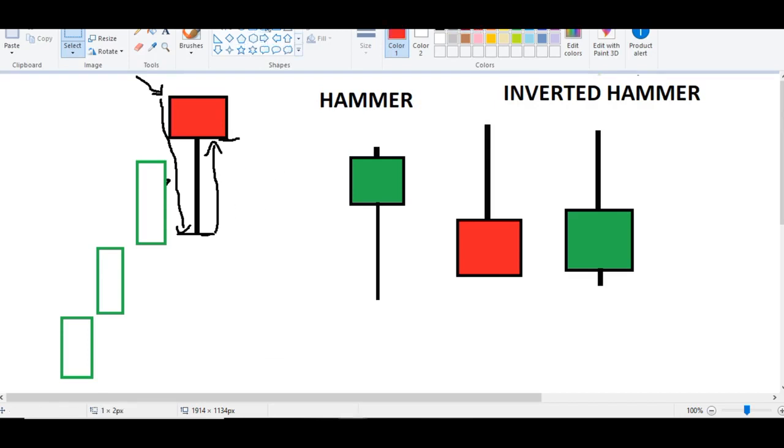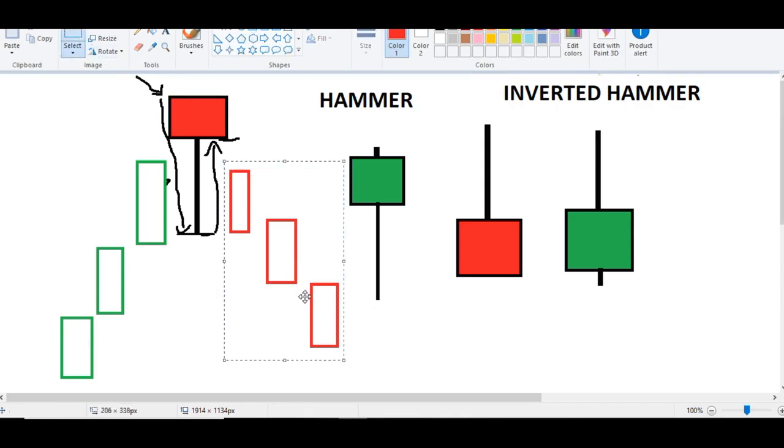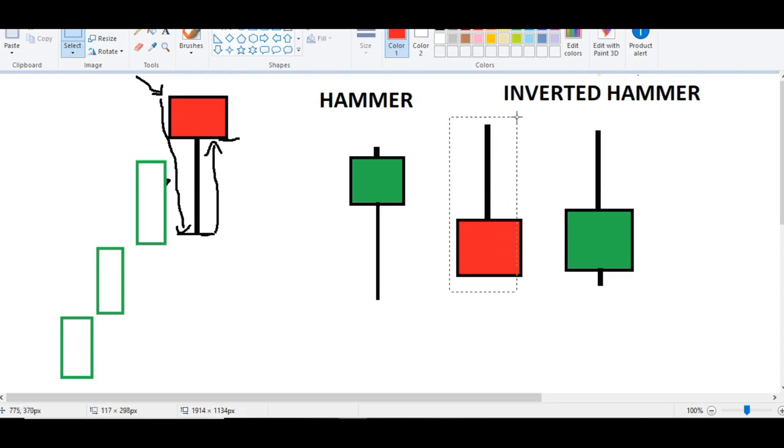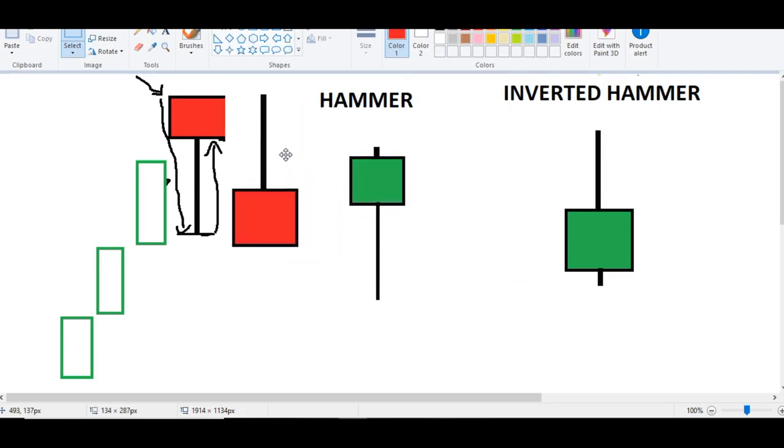meaning price may reverse like this. Now, what makes this case for a reversal even stronger is if we see an inverted hammer in this place.